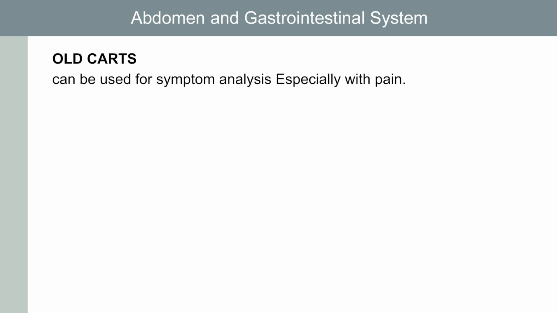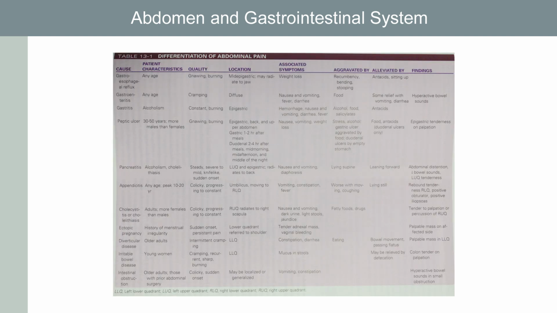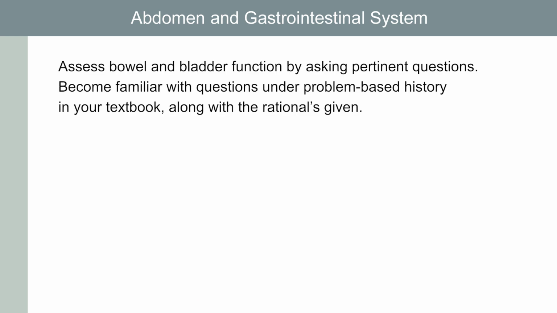Old charts can be used for symptom analysis, especially with pain. Your textbook has a table on differentiation of abdominal pain in Chapter 13. Please go over that. Assess bowel and bladder function by asking pertinent questions. Become familiar with questions under problem-based history in your textbook, along with the rationales that are given.